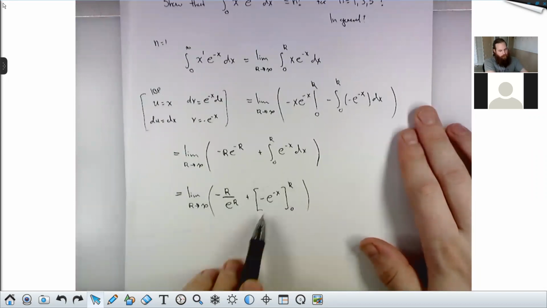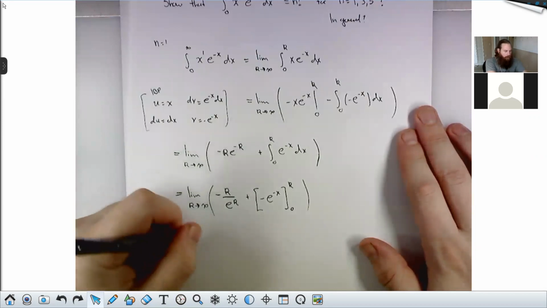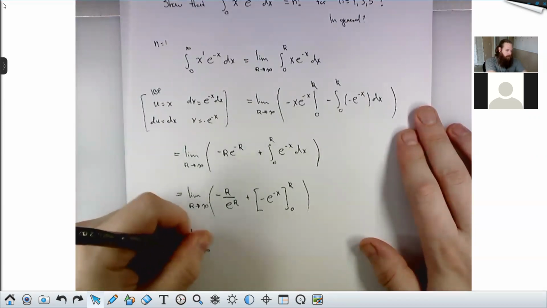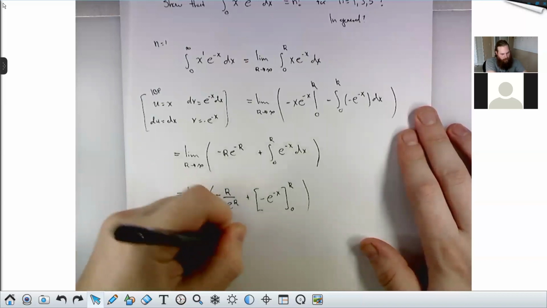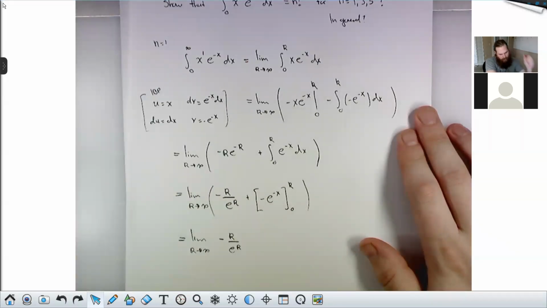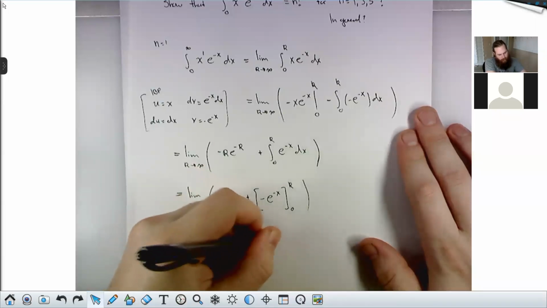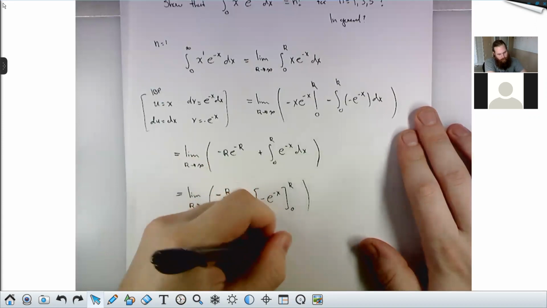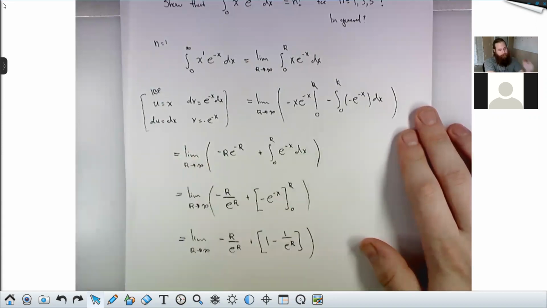Here, if I do the evaluation, I get negative e to the negative r minus negative e to the negative 0. So that's negative r over e to the r plus 1 minus 1 over e to the r, like so.